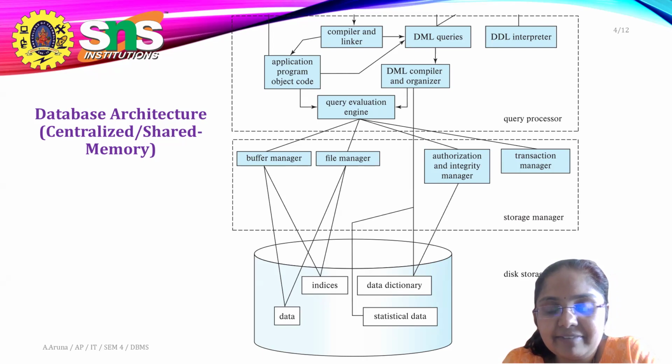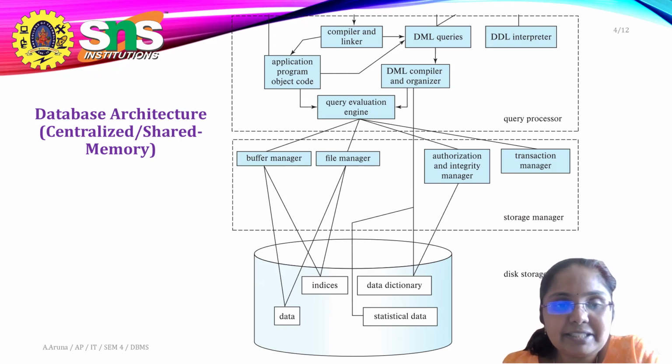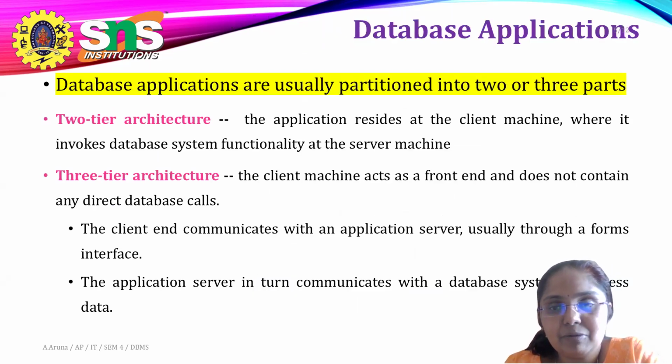Based on the user request, the compiler and the linker are able to send the particular data through the query evaluation engine through the application program. Through that, the DDL interpreter also works for converting. Finally, the storage manager sends it to the disk storage to retrieve our data. Your data may be a data dictionary, or indices, or data, or statistical data. Everything will be stored under the database storage. So these are the 3 majorly.